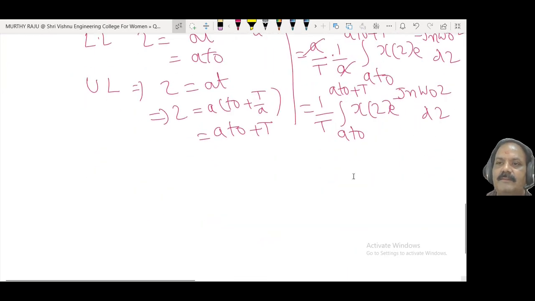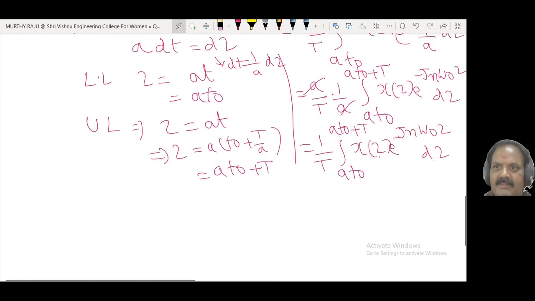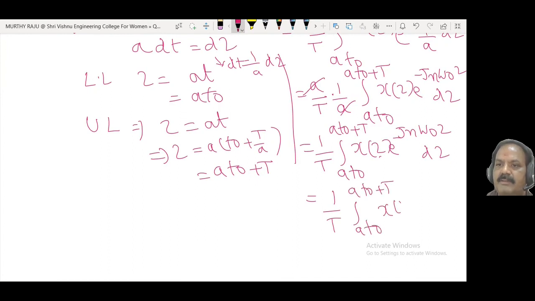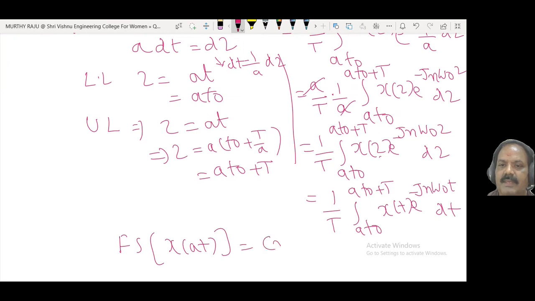In both cases, tau is replaced with t: 1 by T, integral from a t naught to a t naught plus T of x of t e power minus j n omega naught t dt. Therefore, the Fourier series of x of at is also Cn.